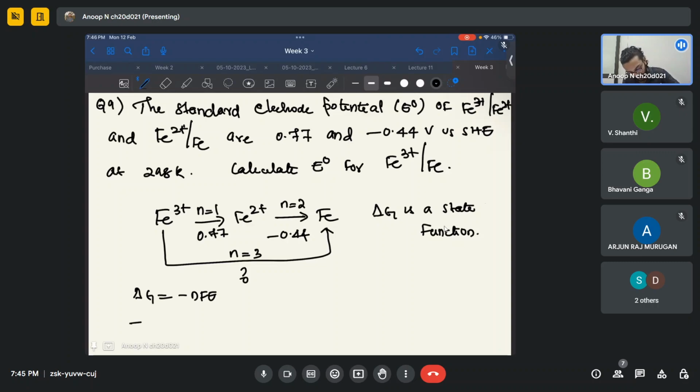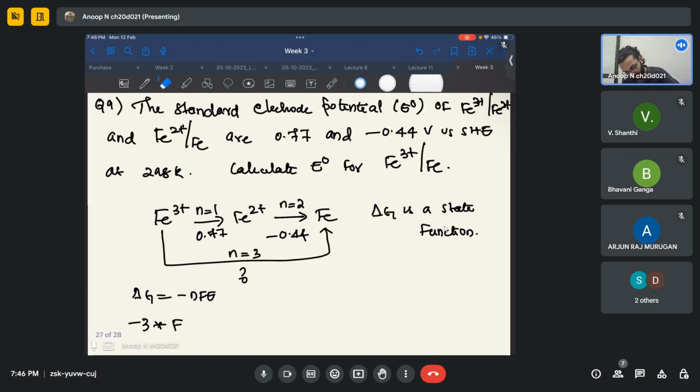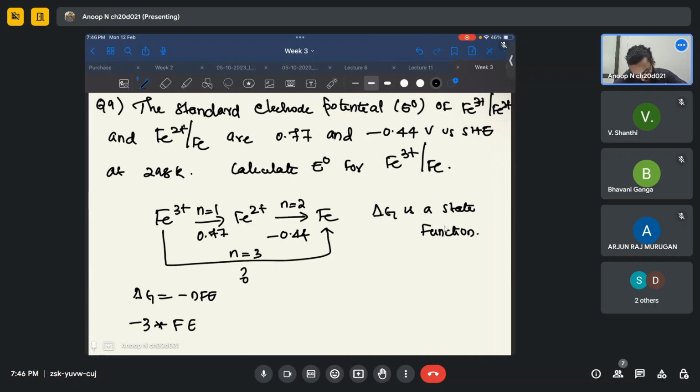So we can write minus 3 into F into E of Fe3+/Fe will be equal to minus 1 into F into E of Fe3+/Fe2+ plus minus 2 into F into E of Fe2+/Fe.